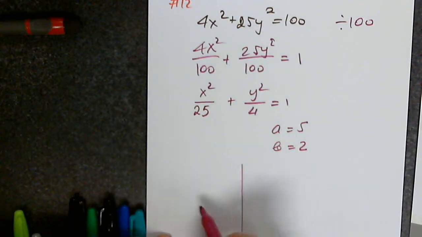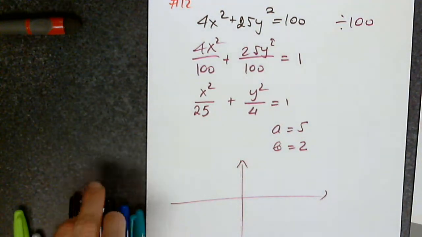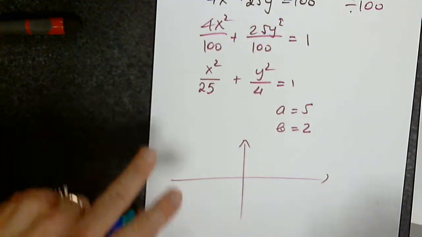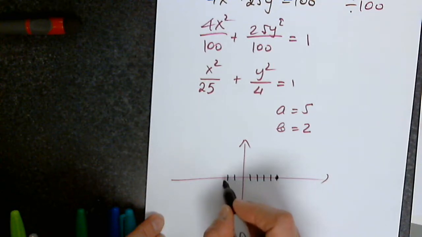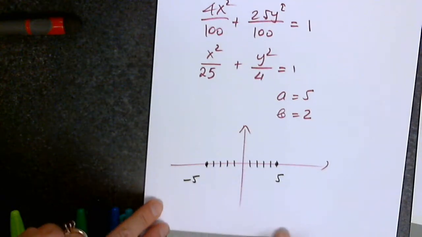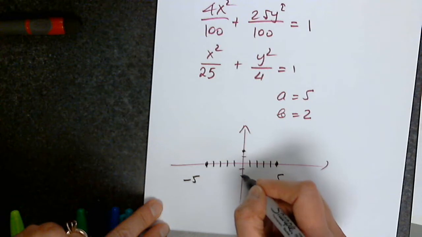When I graph it, the vertices are only on the major axis. That's when we are asked the vertices, so it's going to be just the major axis. So 1, 2, 3, 4, 5, that's one point. 1, 2, 3, 4, 5, that's the other. So this is negative 5 and 5. And then positive 2 and negative 2.